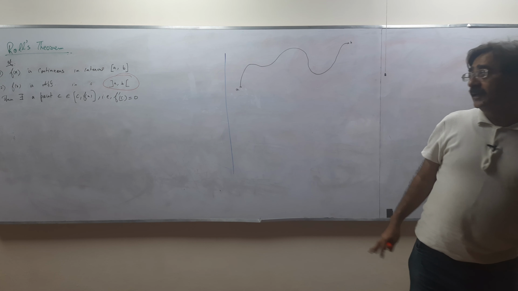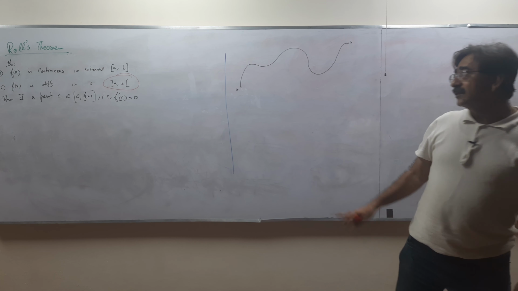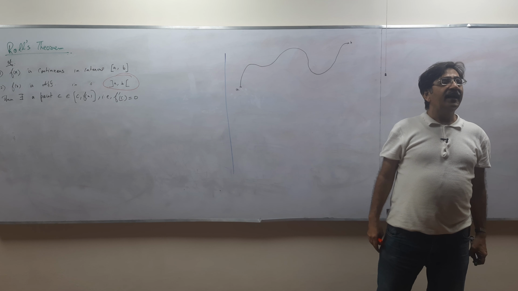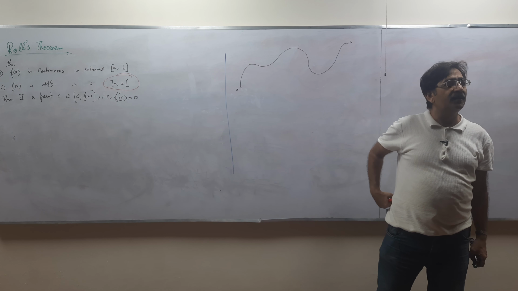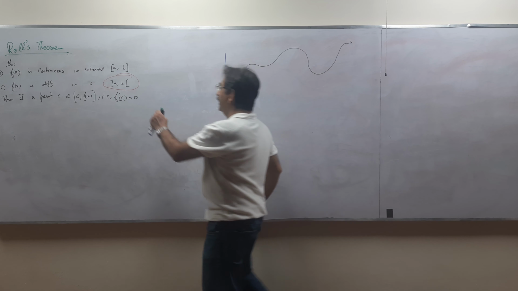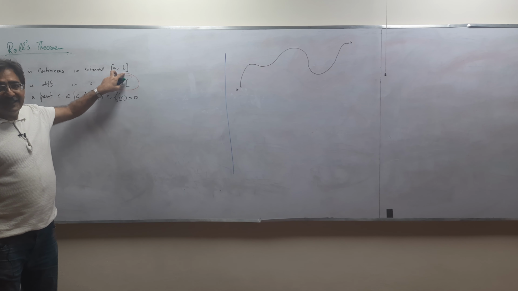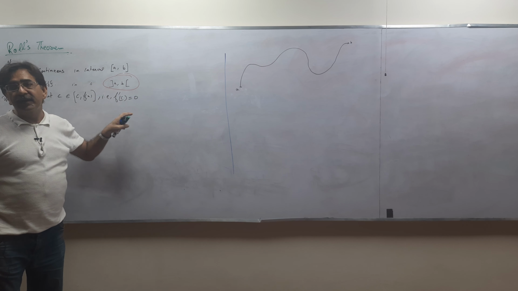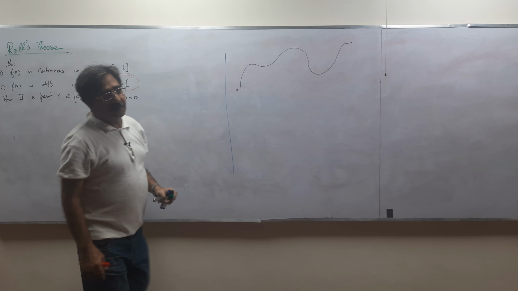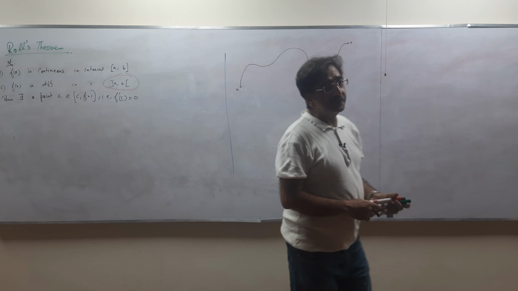Okay, so that's why. So A and B, when we discuss differentiation, we always consider that boundary values will not be included. So that's why here A and B are included, but here A and B are excluded. Okay, and now we have to prove that.